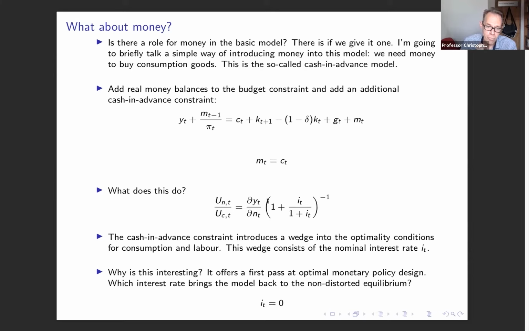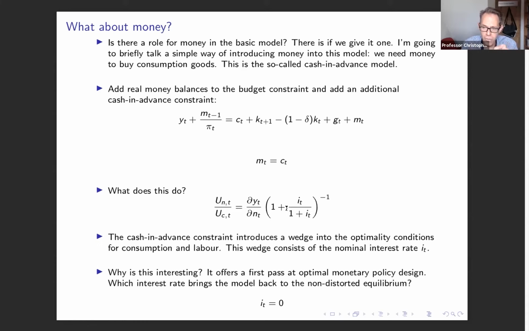But this relative price gets distorted by having a positive nominal interest rate. So it turns out in this model, the optimal interest rate is 0. So this brings us towards something called optimal monetary policy.